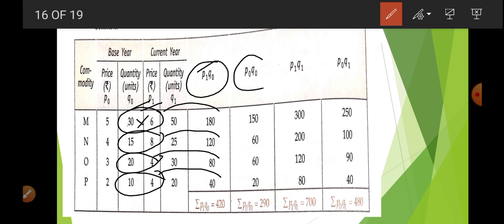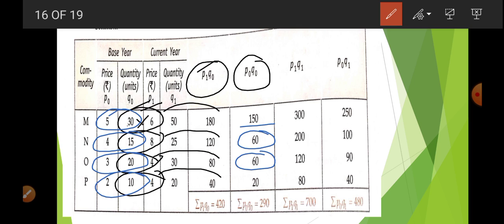Now P1 Q0 is done, the next requirement is P0 Q0. So when we multiply 5 by 30 we get 150, 4 by 15 is 60, 3 by 20 is 60, 2 by 10 is 20.